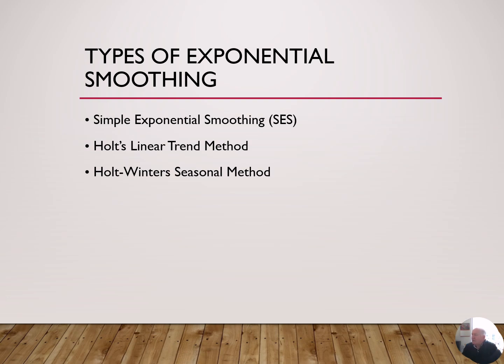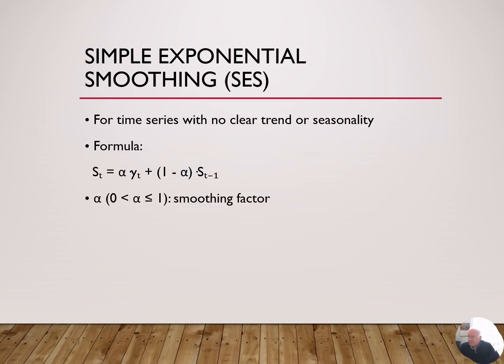So there are several types of exponential smoothing: simple exponential smoothing, or SES, Holt's linear trend method, and Holt-Winters seasonal method. For example, with a time series with no clear trend or seasonality, we can just use simple exponential smoothing.